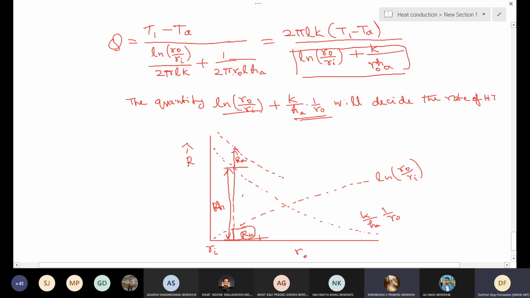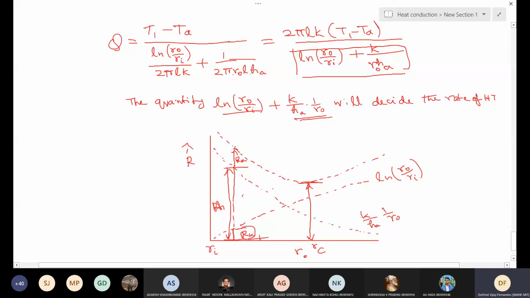But the intersection would be the critical value, right? No, the intersection is not critical. You have to add these two quantities and find out where the minimum is. That is the critical radius. That is the misunderstanding. I don't know where exactly it will come; it may come here also, then it will start increasing.